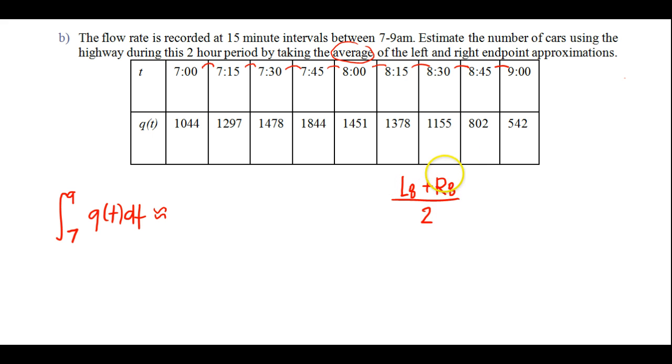I'm hoping this jumps out to you as the same thing as T8. Remember that an average of the left and right endpoint approximations is the exact same thing as the trapezoidal approximation. Since I have this knowledge, let's use it so that I don't have to compute two separate left and right endpoint approximations.